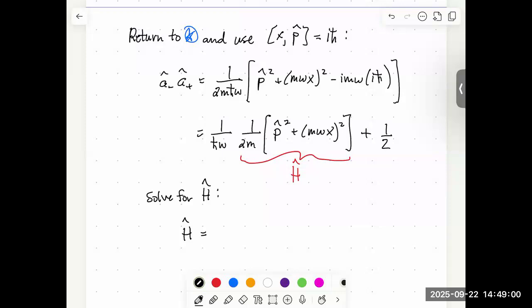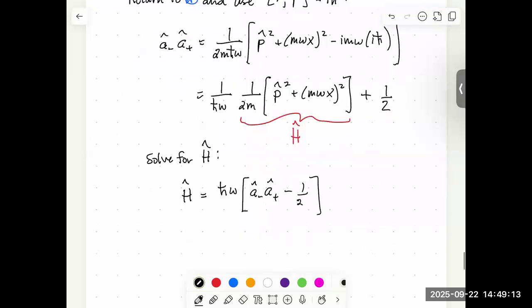So it is h bar omega, and then it's a hat minus a hat plus minus 1/2. And so what we've managed to do is rewrite our Hamiltonian in terms of these new operators, where these operators are like the factoring trick that we employed. It's going to turn out to be very convenient.